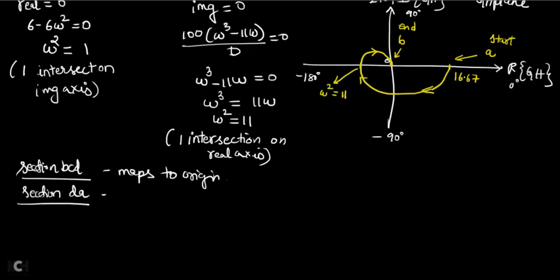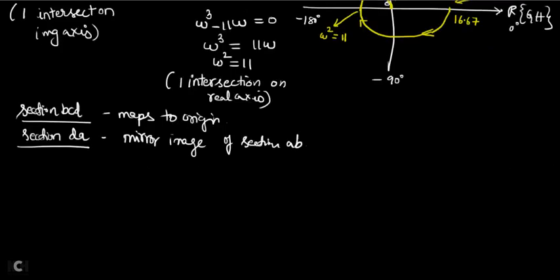And what is section DA? Section DA is always the mirror image of your section AB. So whatever you have written in the bottom, the same thing you should write in the top like a mirror image.